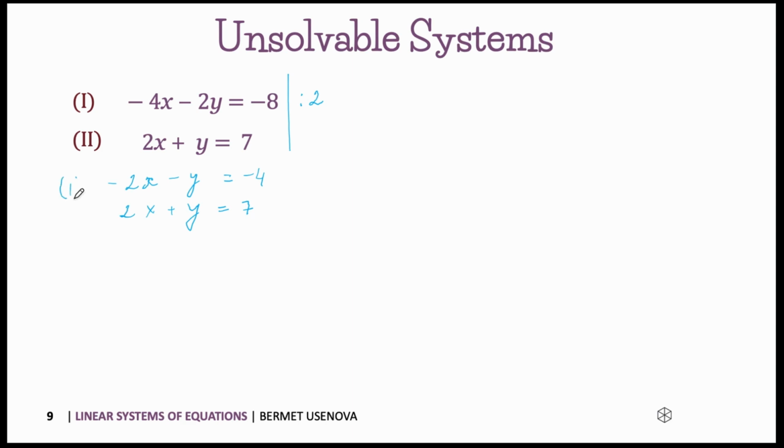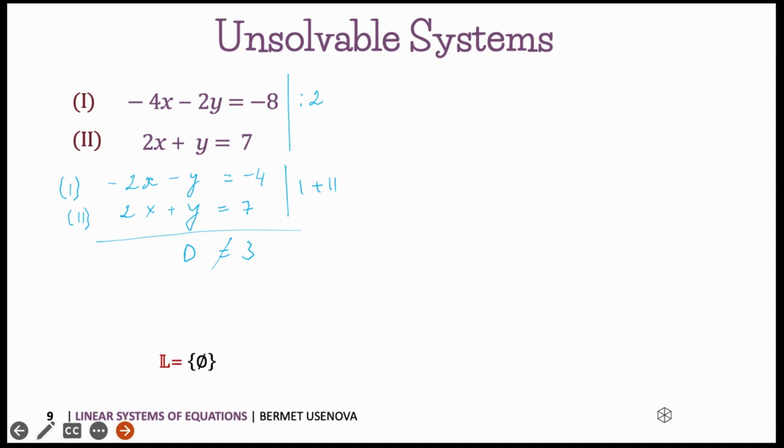I will also write them down here so we don't mix them up. Now we can just add the first and second. By adding them together, we end up with 0 here because we eliminated all our variables, and here we will have 3. So what does it mean? We know that 0 cannot be equal to 3. Thus, this system of equations has no solution.